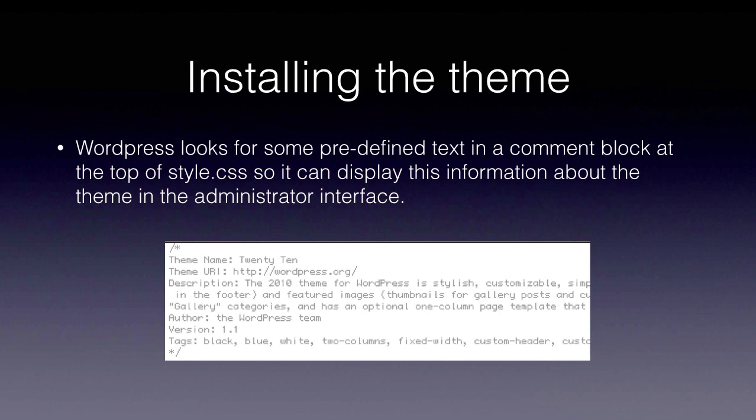Now, installing themes. Let's say you've created your theme, or you've downloaded a theme that already exists. Installing themes is pretty easy. First of all, WordPress looks for some predefined text in a comment block at the top of style.css so it can display this information about the theme in the administrator interface.